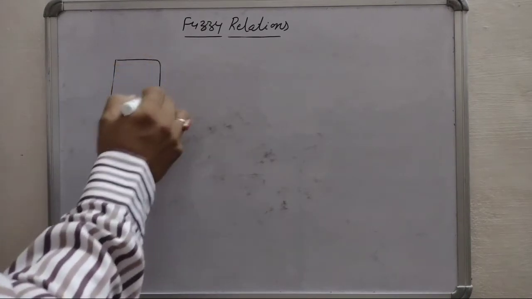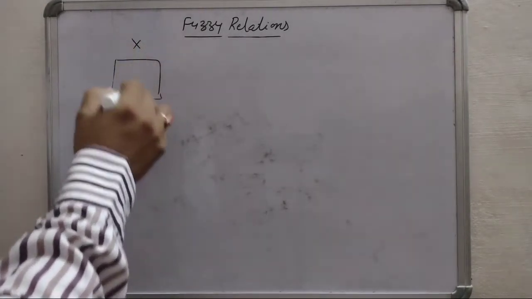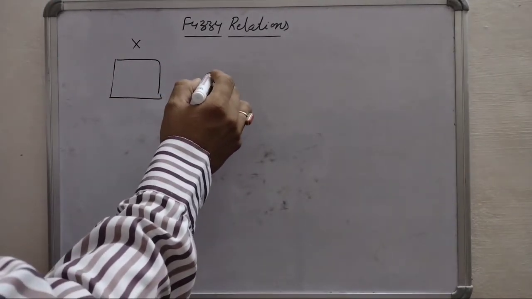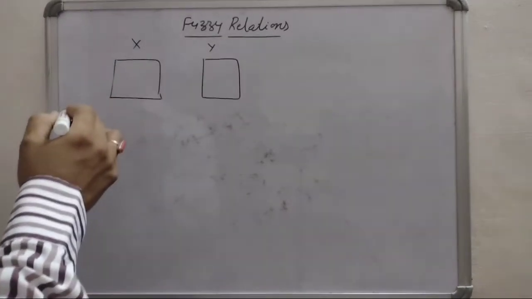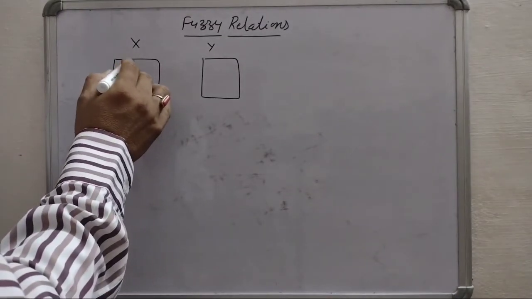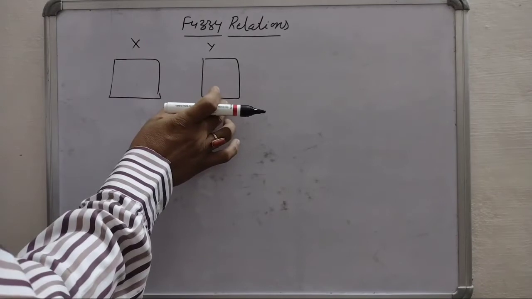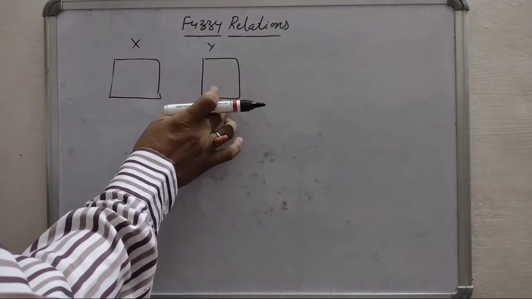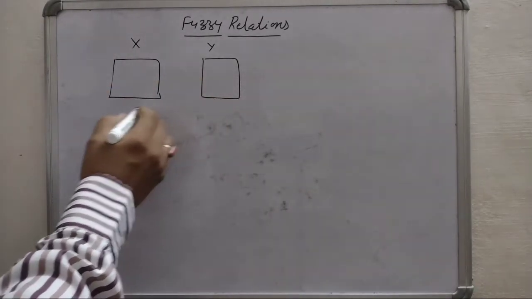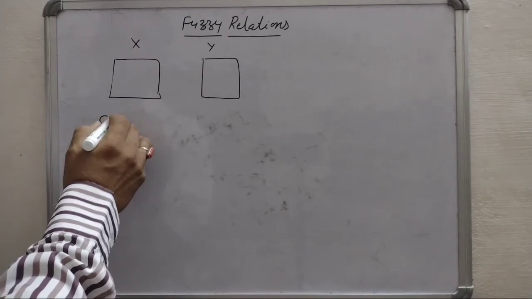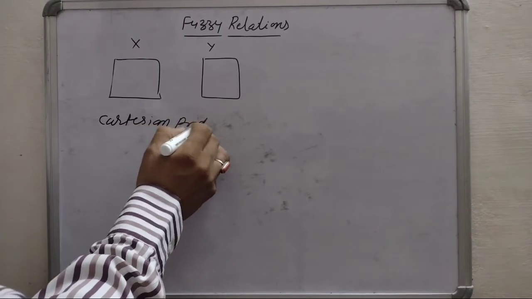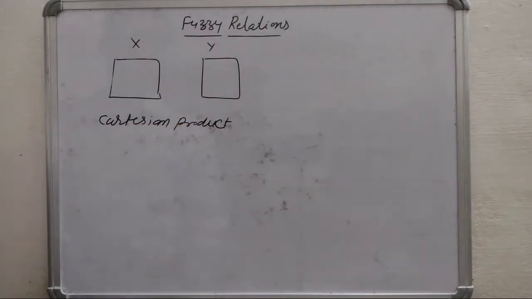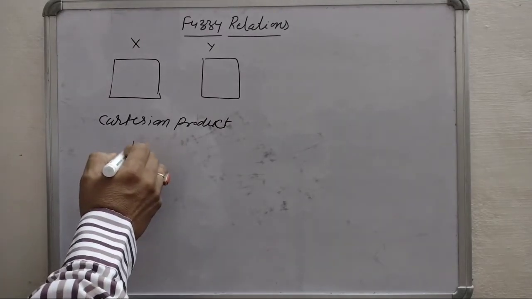Suppose one universe is X and another universe is Y. So elements of universe X map into elements of universe Y, and this mapping we calculate through the Cartesian product. And the Cartesian product gives us a relation matrix.